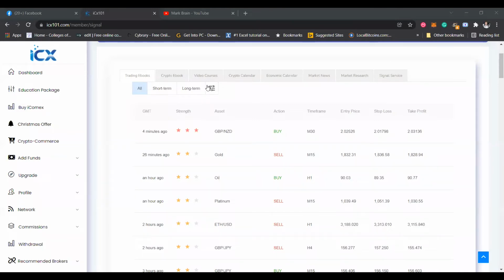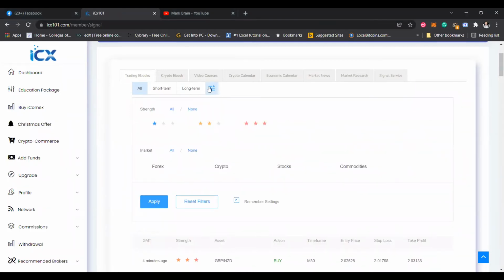So when you click on this particular button, it gives you the opportunity to choose. Do you only want a 1-star? ICX never gave 1-star before.